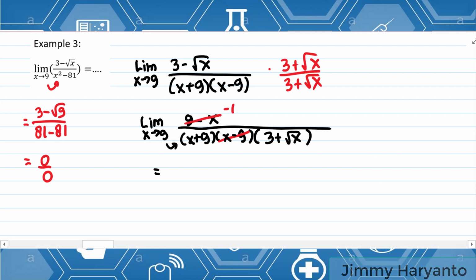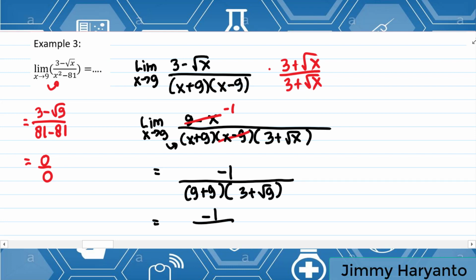And then we will substitute the x: negative 1 over 9 plus 9, and then 3 plus square root of 9. The result will be negative 1 over 18 times 6. Okay, so the result will be negative 1 over 108. There you go, not 0 over 0 anymore.